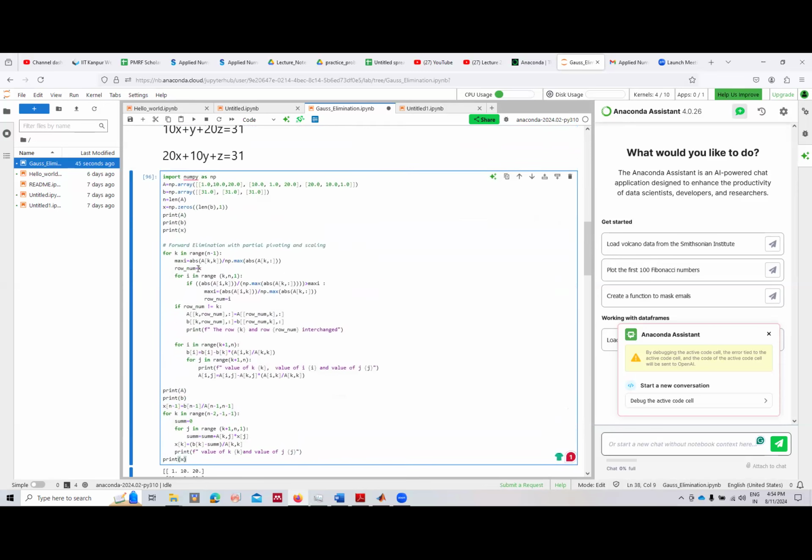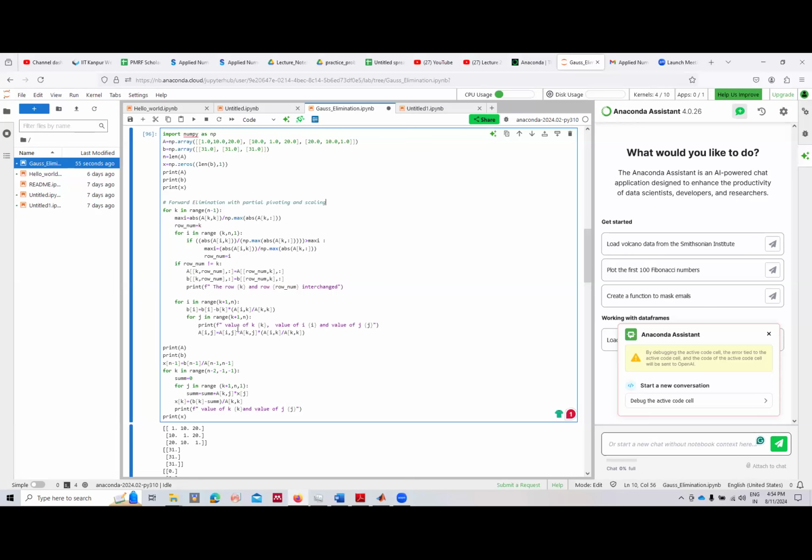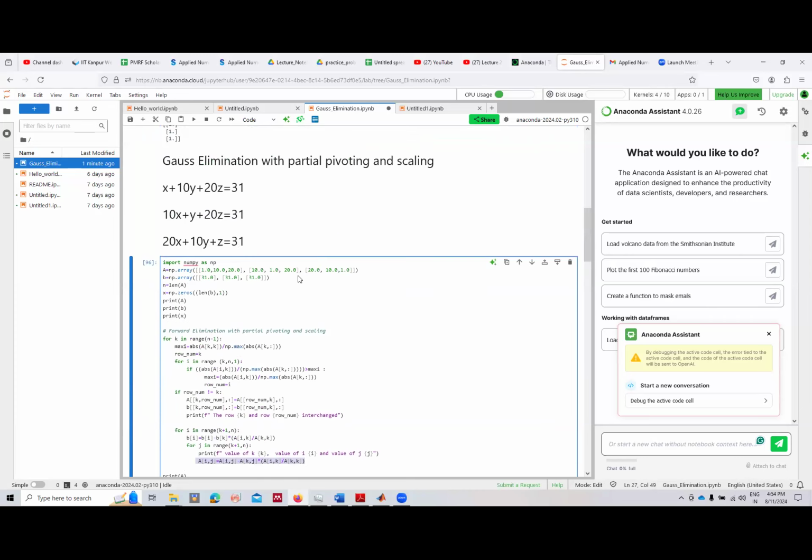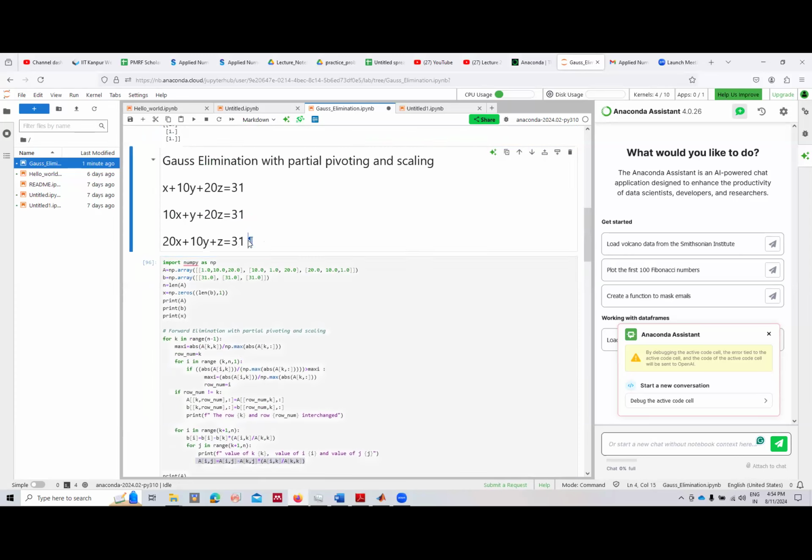Now when we are going for forward elimination, before doing b_i equal to b_i minus b_k a_ik by a_kk, we want to swap the row. If the same column value divided by the maximum value in that row is greater than what? Maybe I should write here.